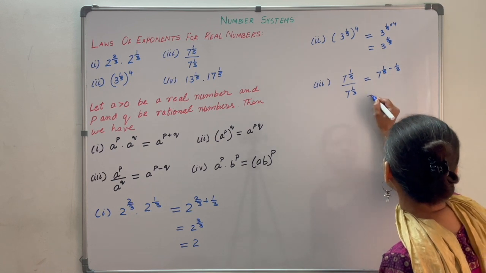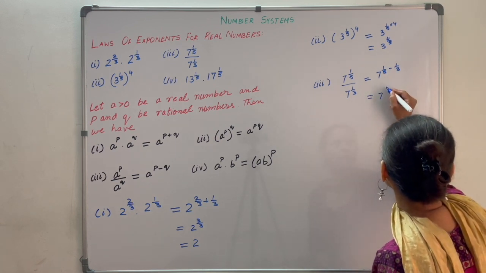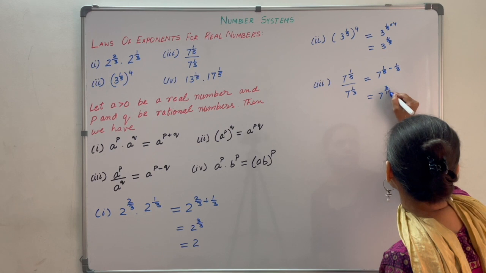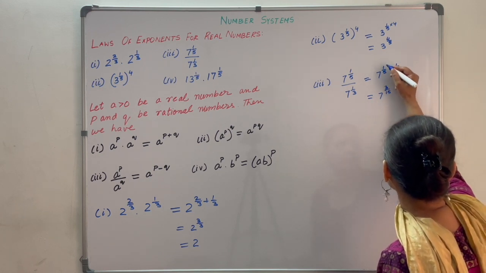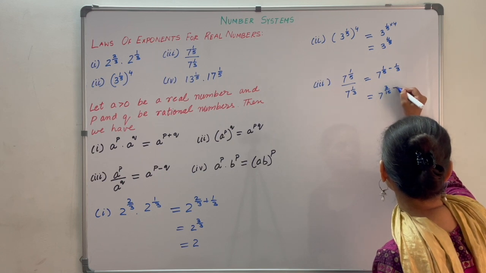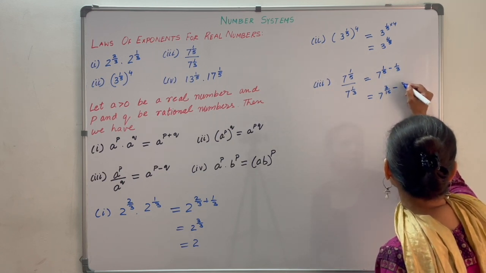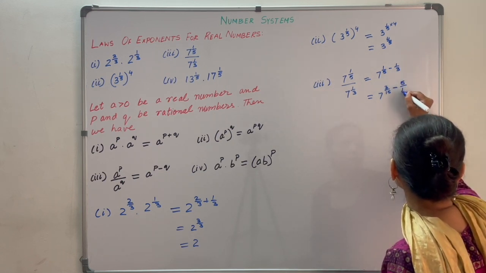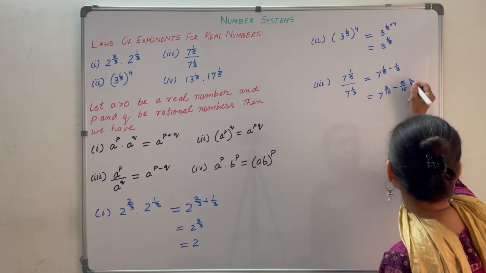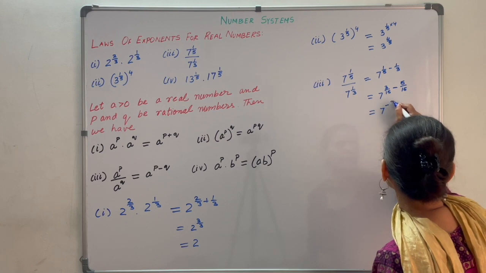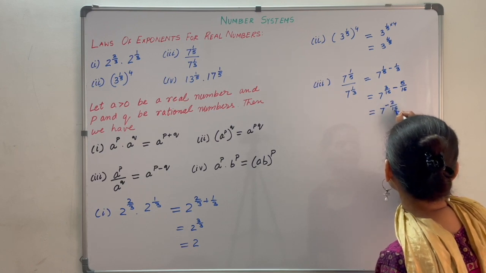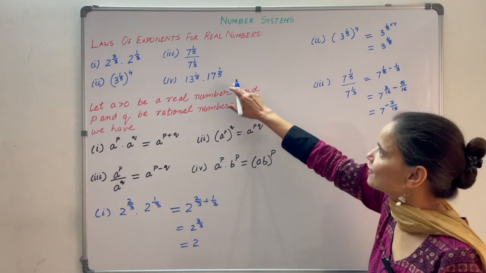Here the LCM of 5 and 3 is 15. So we can rewrite 1 by 5 as 3 by 15, and 1 by 3 as 5 by 15. So 3 by 15 minus 5 by 15, you will get 7 raised to power minus 2 by 15. Now let us solve the fourth question.